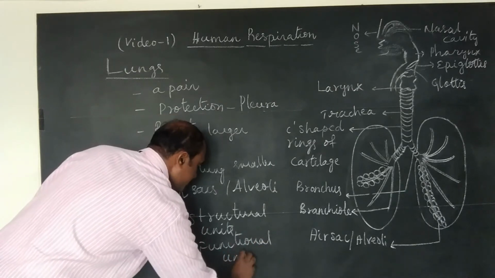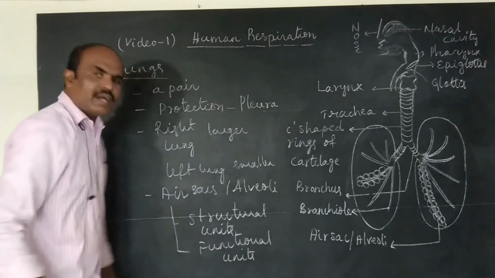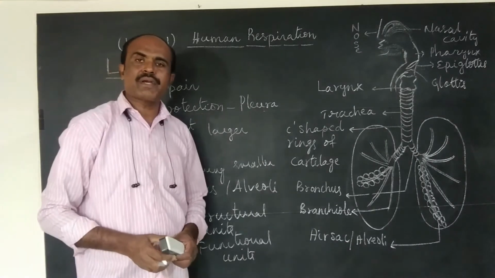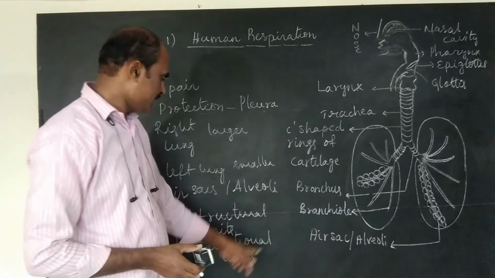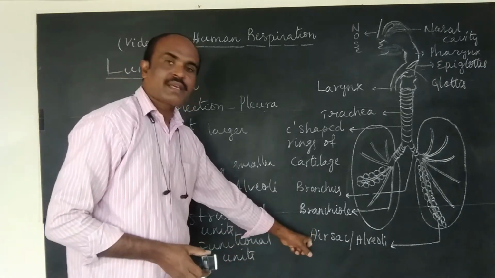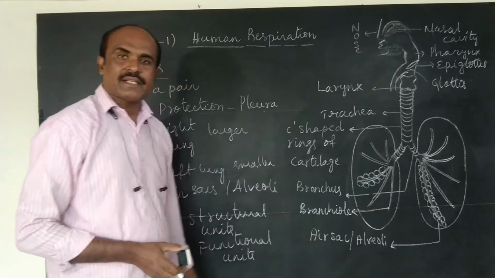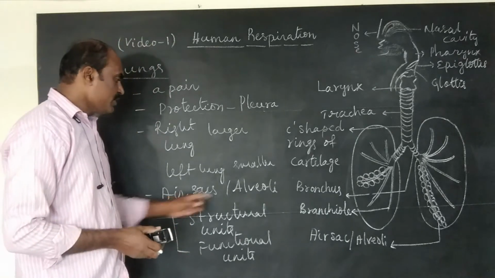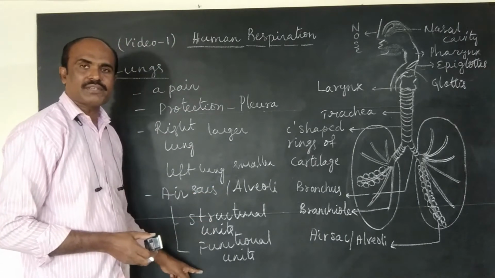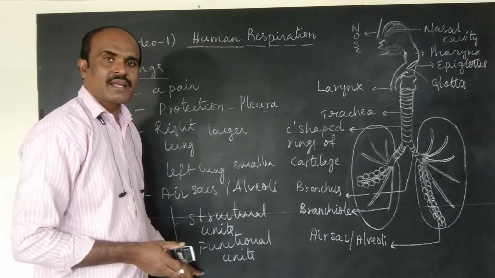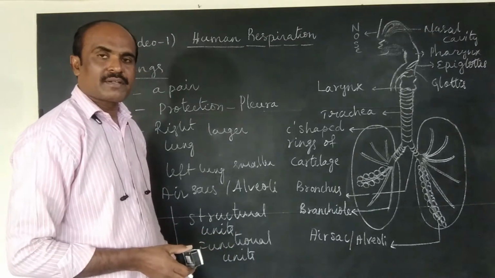Why are they called functional units? Because exchange of gases takes place in air sacs only, in alveoli only. That is why these alveoli are structural units and functional units of lungs. So this is very important.